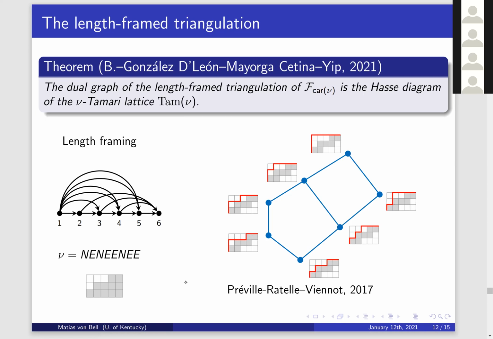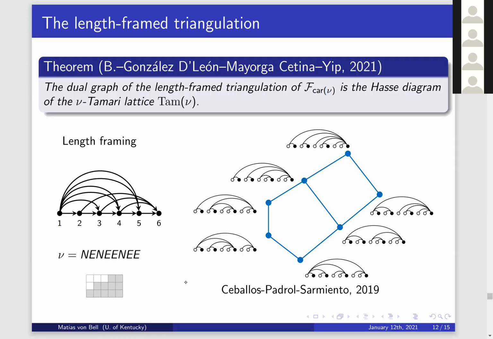However, it's much easier to show that this is the case using a different construction of the Nu-Tamari lattice, which is one given by Ceballos, Padrol, and Sarmiento, using different combinatorial objects known as IJ trees. And the proof is fairly straightforward.